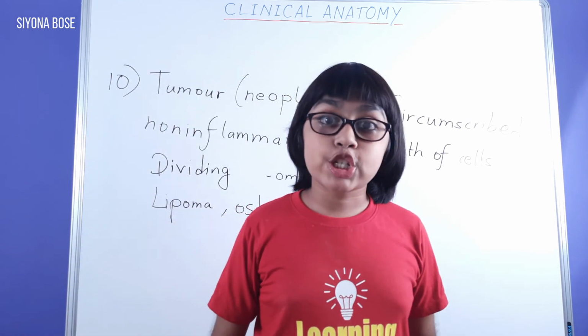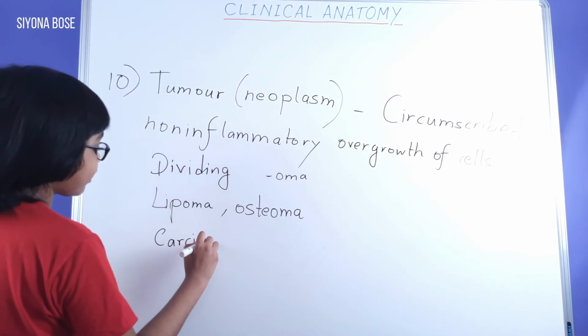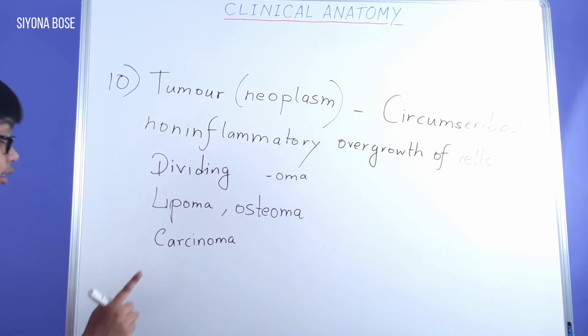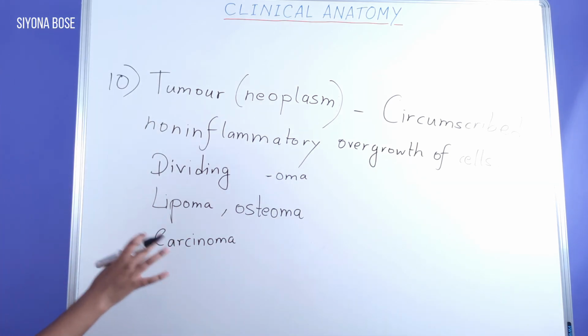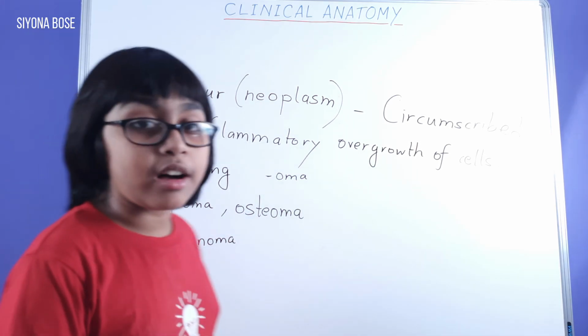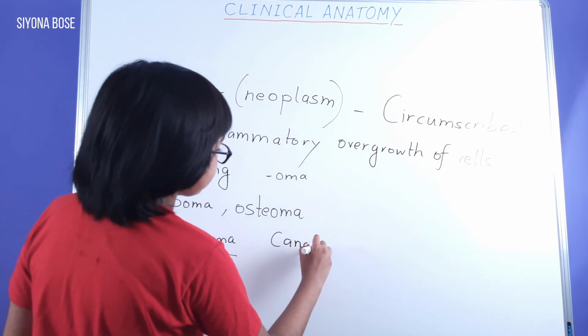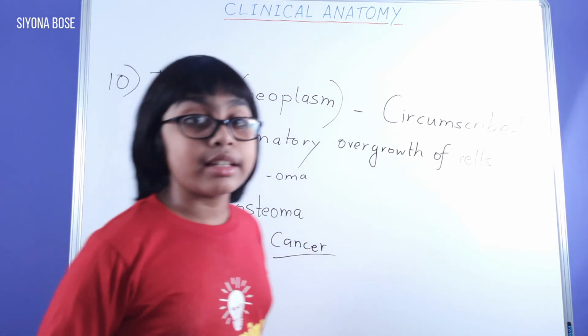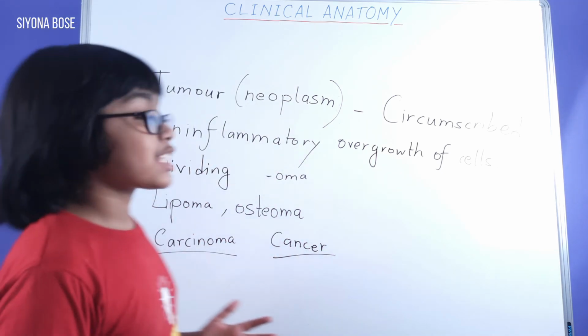But there is a condition like carcinoma. Carcinoma is a cancer. There is a difference between tumor and cancer. Tumors generally don't spread, but carcinoma, which is the simplest type of cancer, does spread. It means the overgrowth of cells does not stay specific to that organ.